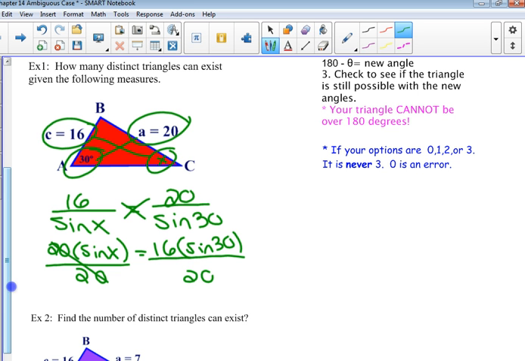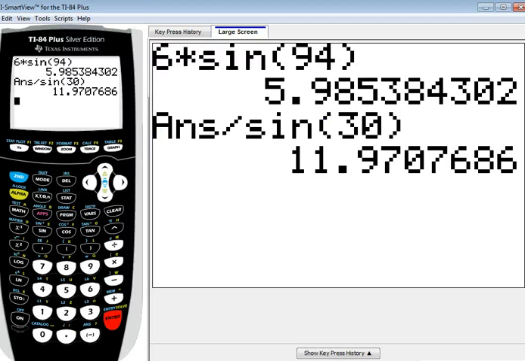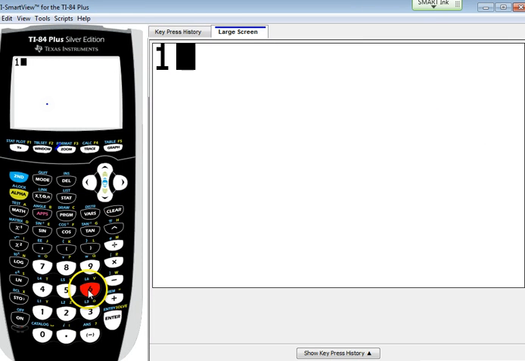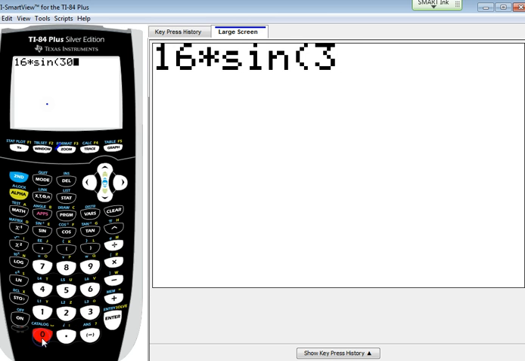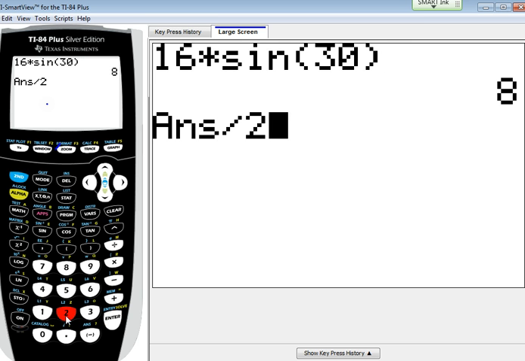When you know you're cross multiplying, let's use our calculators. Notice again, we are trying to find a missing angle, a missing degree, so we're going to have to use our second function key. 16... So we get 0.4.